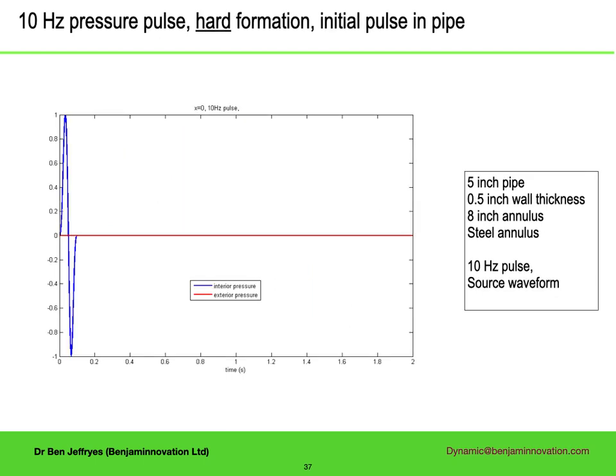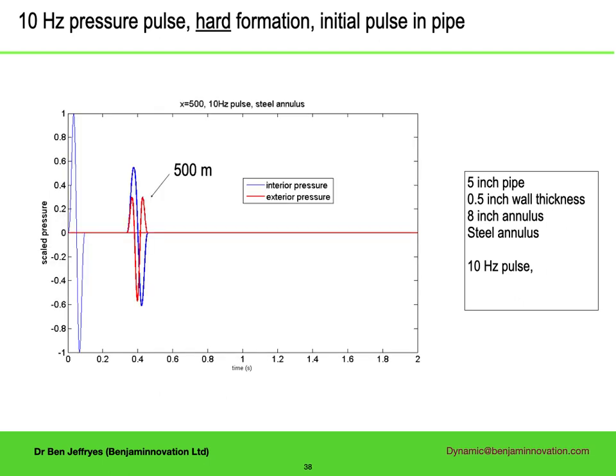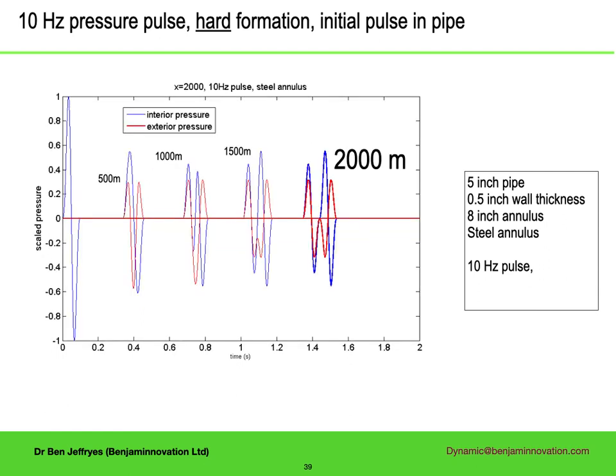Same pulse, but now for a stiff annulus. After 500 meters, a significant proportion of the pressure has shifted to the annulus. There are fast and slow waves, but they are close together in speed, and there is little separation. By 2000 meters, the two propagation modes have separated out a bit.